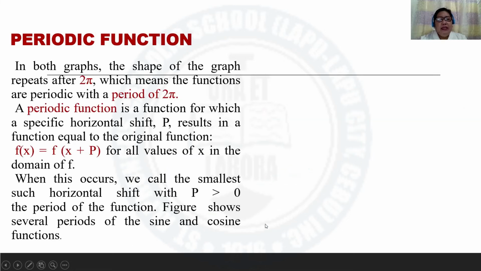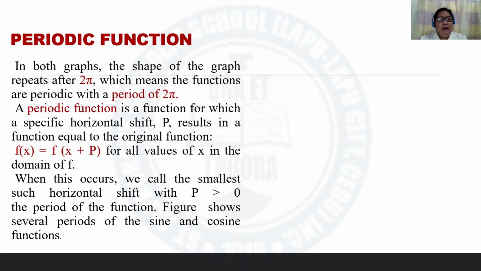Next, let us have the periodic function. In both graphs, the shape of the graph repeats after 2 pi, which means the functions are periodic with a period of 2 pi. A periodic function is a function for which a specific horizontal shift p results in a function equal to the original function.